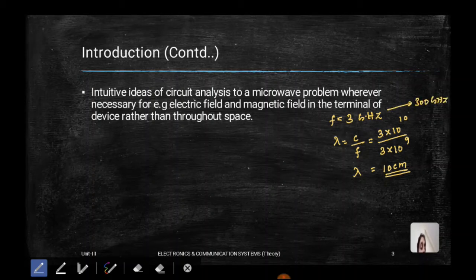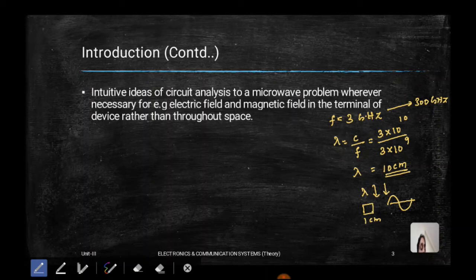If I increase the frequency, lambda becomes smaller and smaller, down to millimeters. In that case, the physical length of any network component, whether filters, transmission lines or amplifiers, is limited. For example, I can design a 1 centimeter amplifier. What happens if the physical length is comparable to the operating wavelength? We start realizing the instantaneous change in voltage and current, as we have seen in transmission lines.